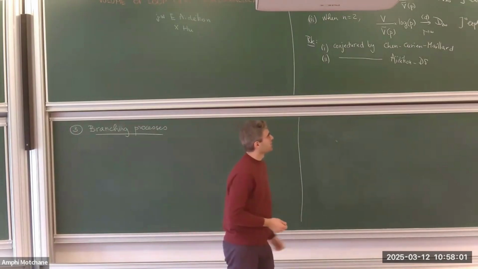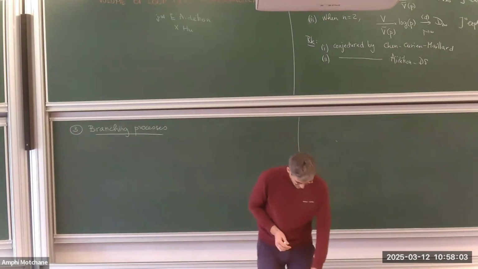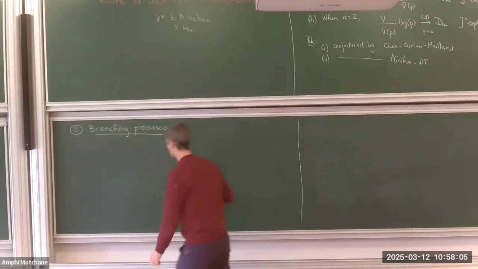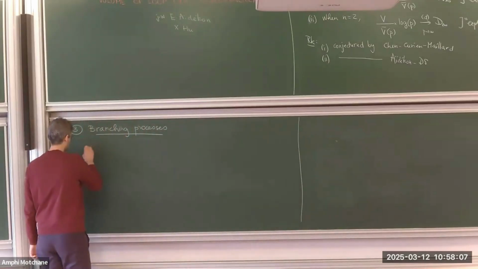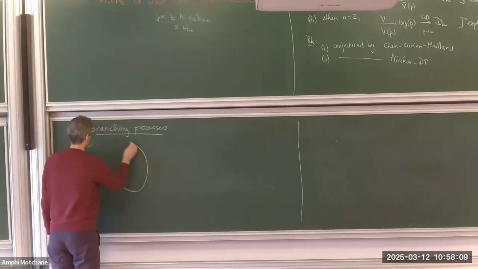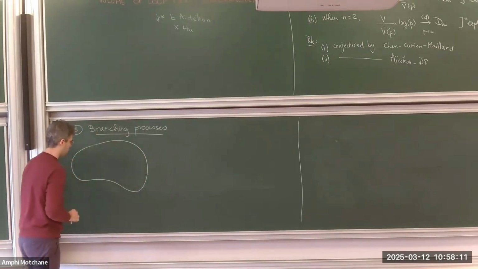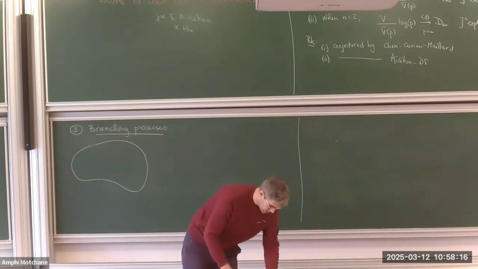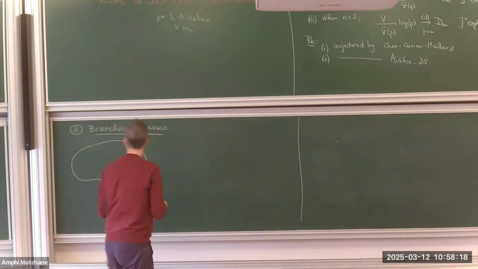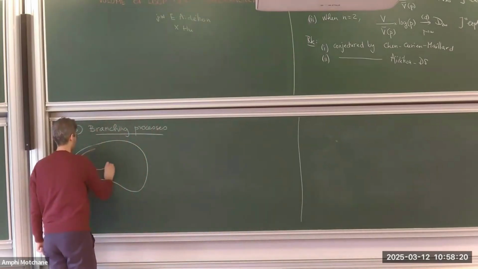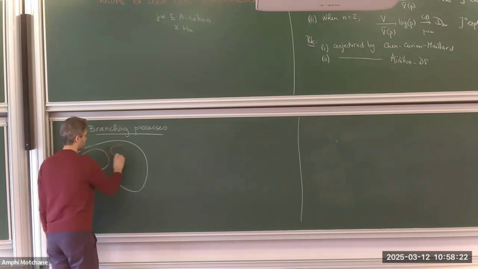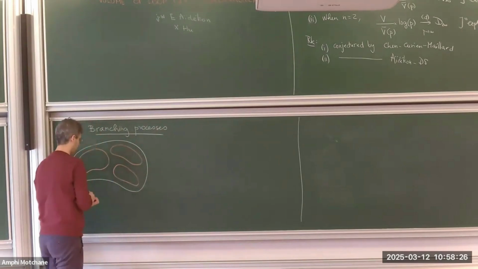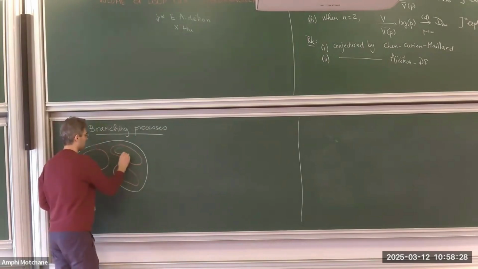A way to see a branching process in this map is as follows. So I have my planar map with fixed perimeter 2p, and inside I have a bunch of loops. Maybe I draw the outermost loops in red, and then inside those you have other loops.